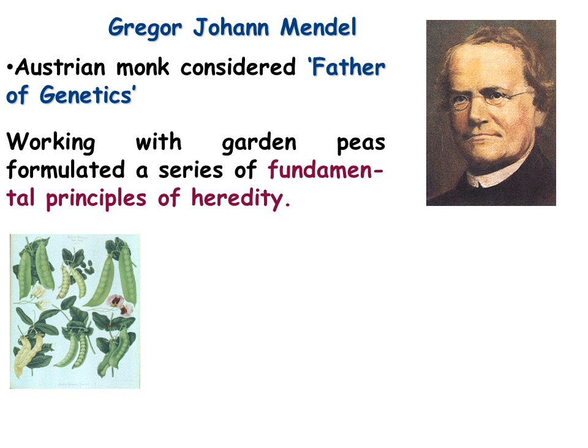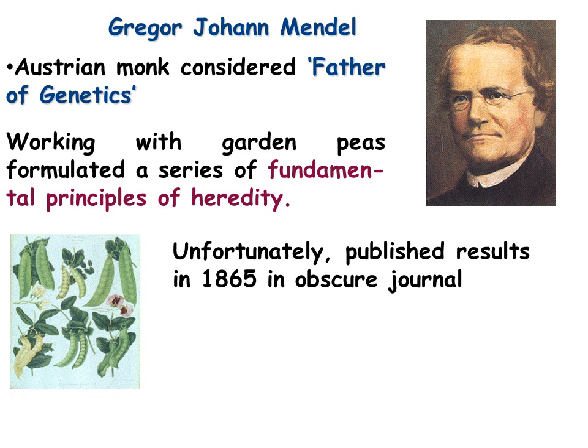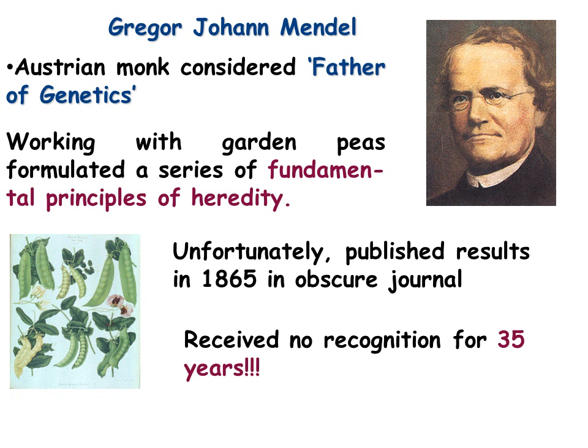And he formulated a series of fundamental principles of heredity just from observing the different characteristics of the pea plants. Unfortunately, he published his results in 1865 in a very obscure scientific journal, so he received absolutely no recognition for his work for about 35 years. It just goes to show you never get any respect.